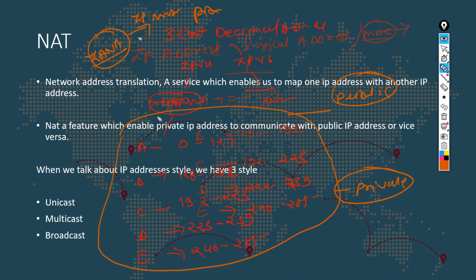At the time of classification, they set aside some ranges for private use, like your LAN network, not the WAN public network. In your internal office you can use private IP ranges. In every class they have some free IP addresses which we don't need to purchase, which we can assign to our PCs for local communication. Clear?